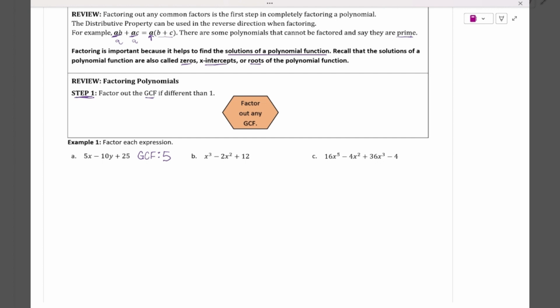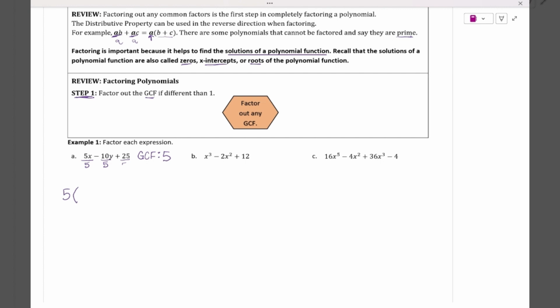So even though some of them might have a common term, if not every single term has that common factor, then we can't use it. So we have a 5, so I'm going to divide all of these by 5. I write my GCF, open parentheses, and after the parentheses, I write what is left after I divide everything by this GCF, which is 5.